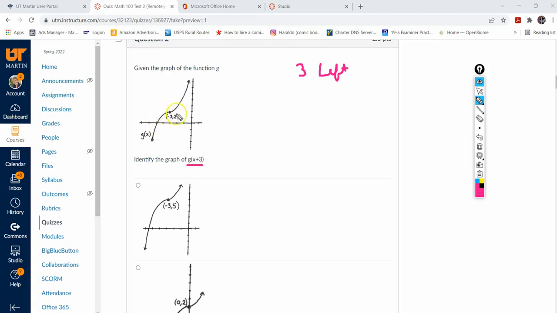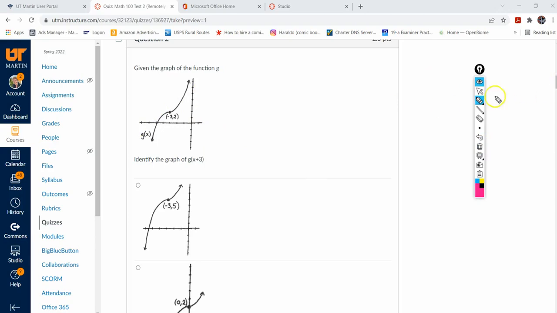Where will this point be? It will be 1, 2, 3 units to the left. So the new graph should show us a point with the coordinates. Well, -3 minus 3 should be -6, and the y coordinate will be unchanged. So I'm going to get -6, 2 in my picture, and then the graph shifted 3. That's what I'm looking for in my picture.